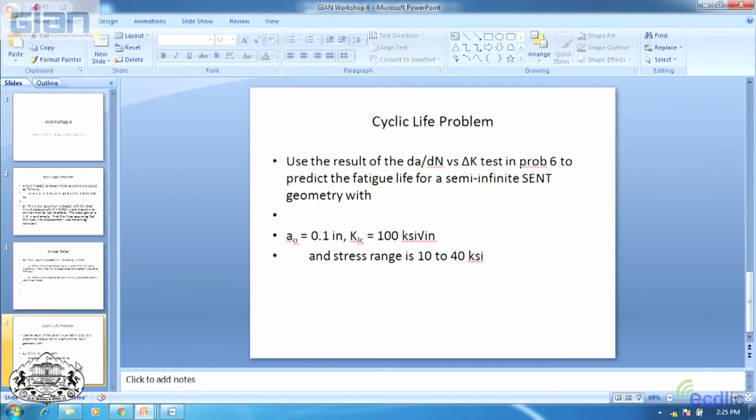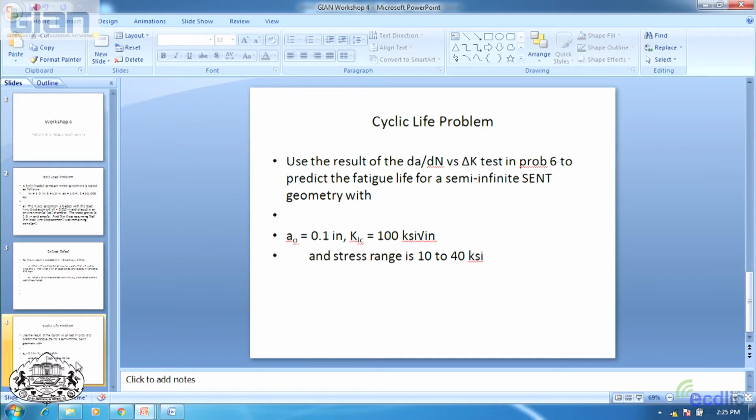Cyclic life. I don't know if all of you remember how to do your integrations, but you should follow the integration like I did yesterday. If you've forgotten that, we can go back and look at it. But I want to do DA/DN, and I didn't write it here, so you don't have problem 6.